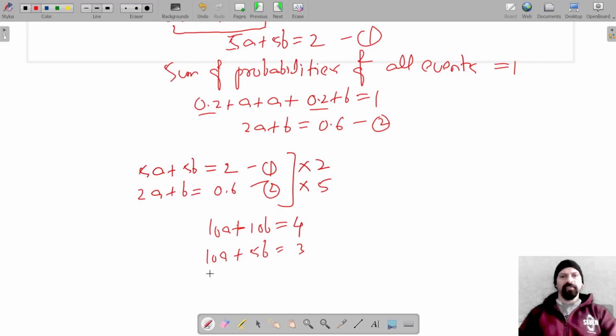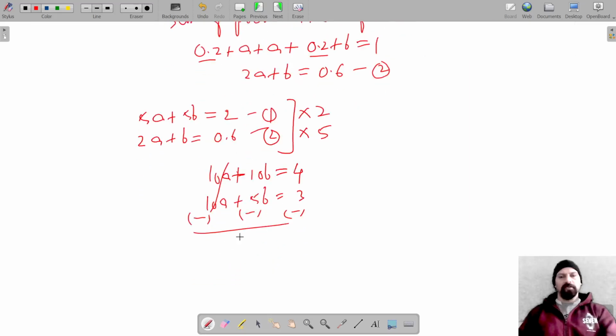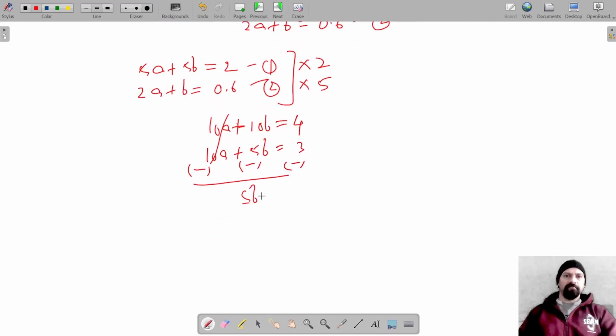Okay, let's subtract these equations. 10b minus 5b is 5b, 4 minus 3 is 1. So b is equal to 1 by 5.